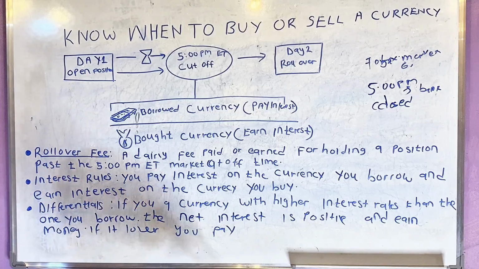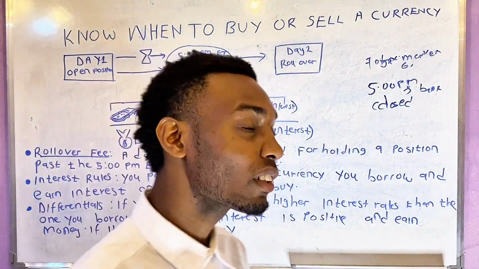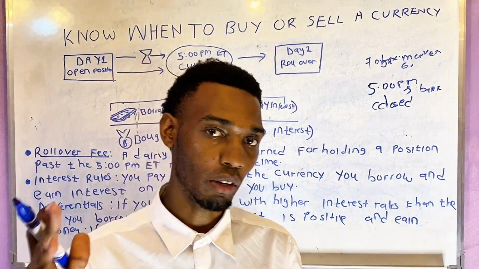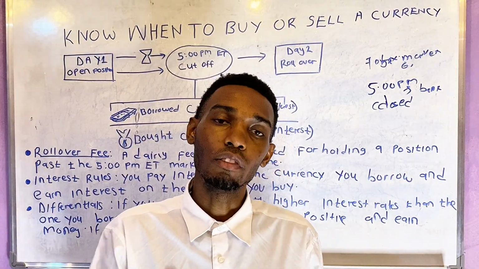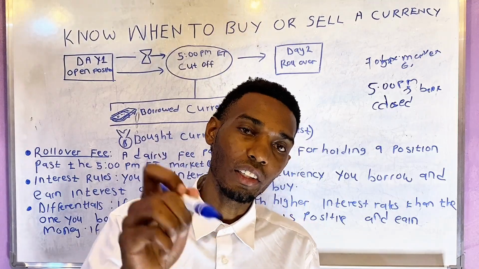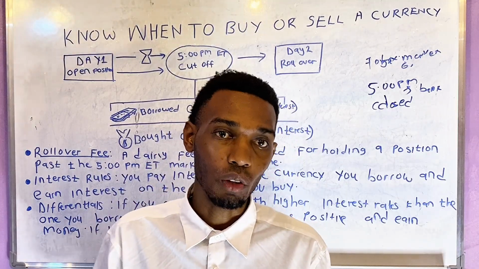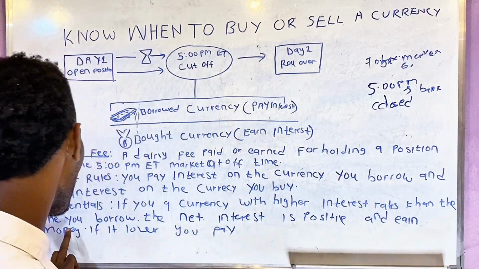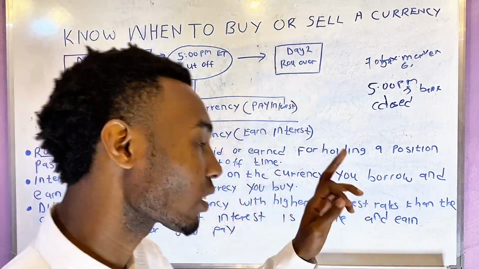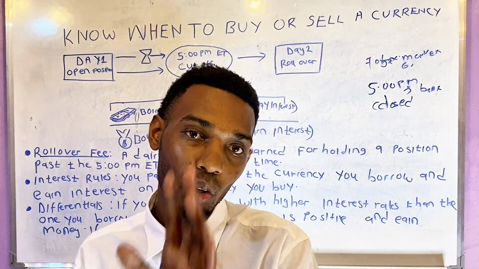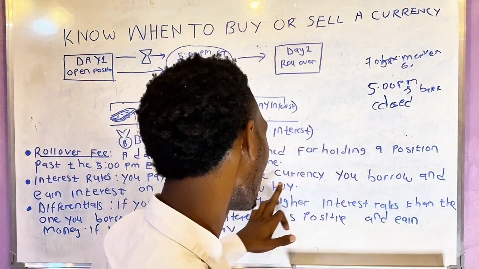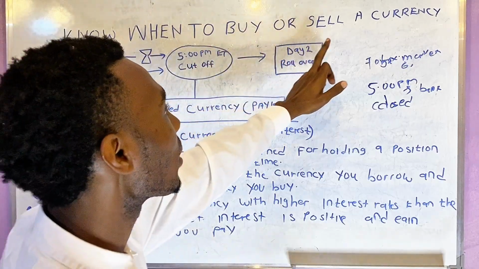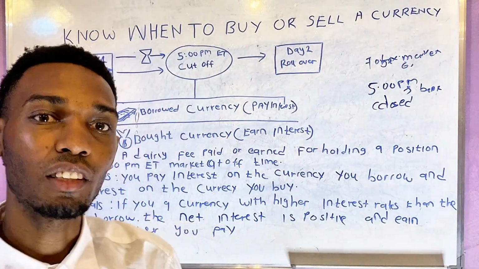If it is lower, you pay. If the banks close at 5 and you happen to trade, if you hold the currency with higher interest than the one you borrow, the net interest is positive. When you earn lower, it is a debt. That is the interest too. And this is how you know when to buy or sell currencies. That is the procedure.